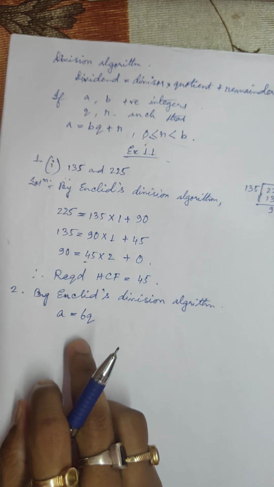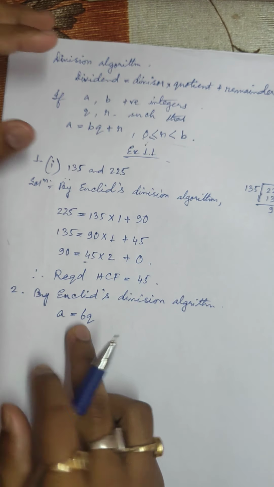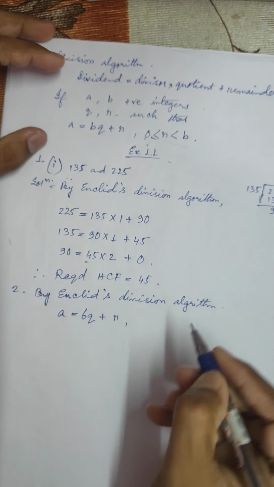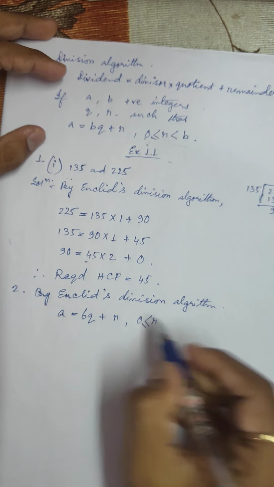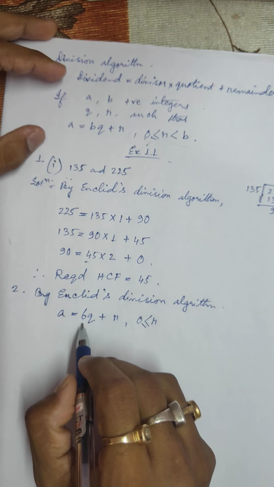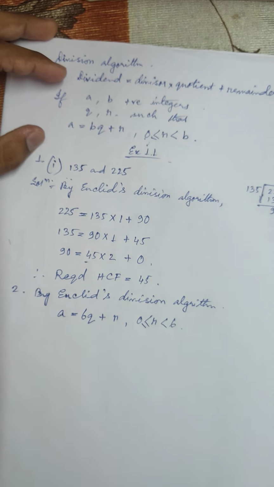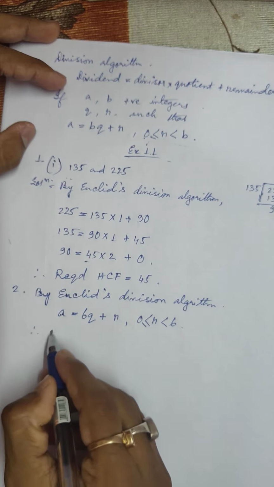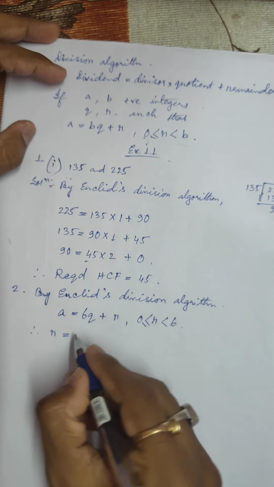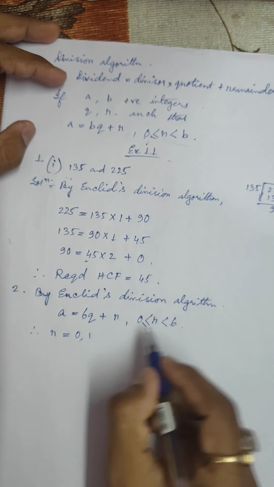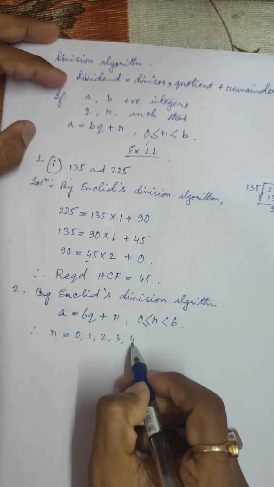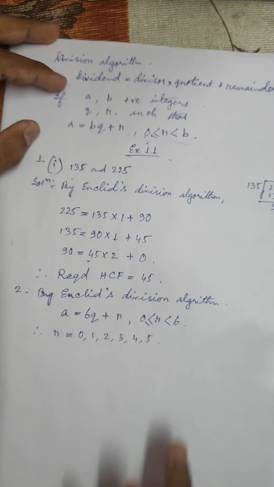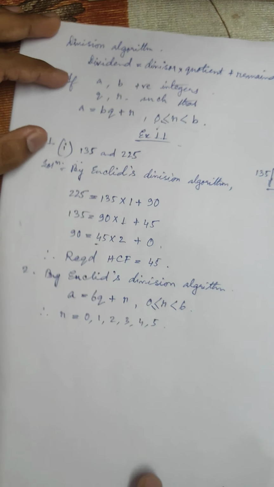Here we must consider 6 as the divisor, and the condition will be r is greater than or equal to 0, and here the divisor is 6, so r is less than 6. So what will be the value of r? First 0, because r is greater than or equal to 0. Next 1, 2, 3, 4 and up to 5. 6 will not be there because r is less than 6. These are the values of r.